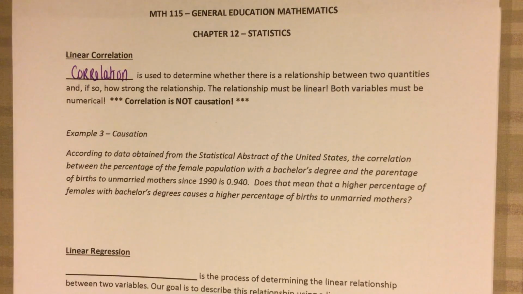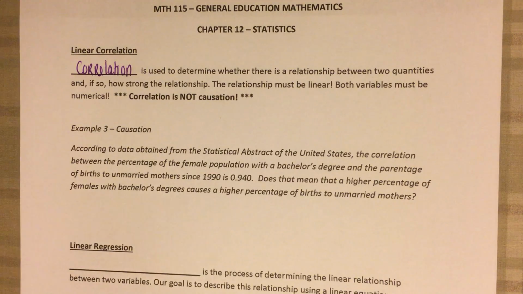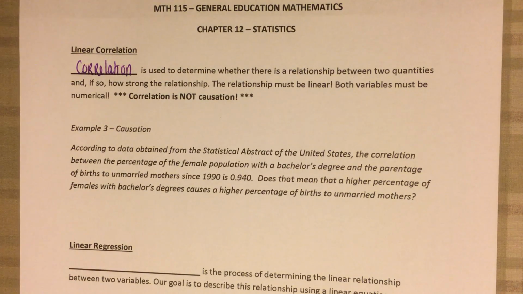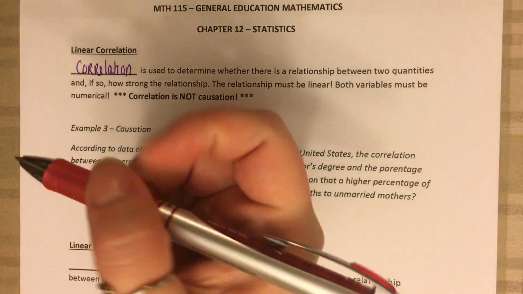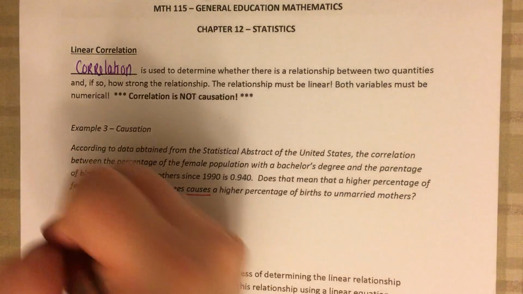But what we want to focus on is, there is an idea that both of these are increasing. Sure, there could possibly be data to support that both of these are increasing, but that does not necessarily mean that one of these causes another. So does this cause something else to happen?